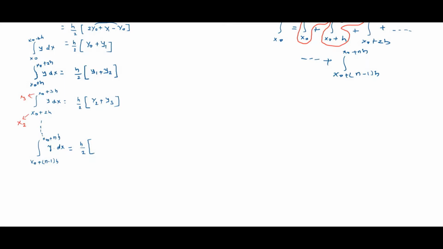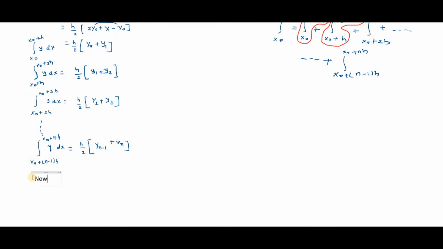In the last one, this is nothing but the x(n minus 1) value, so its corresponding value in terms of y we can write as y(n minus 1) plus. Similarly, the upper limit is xn, and its corresponding value of y is yn.